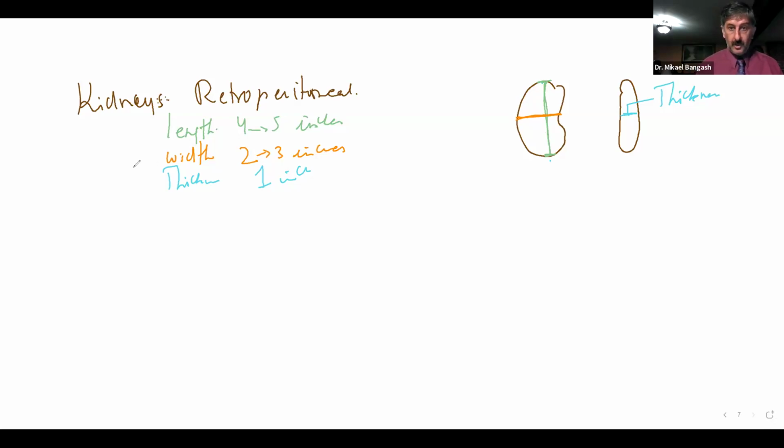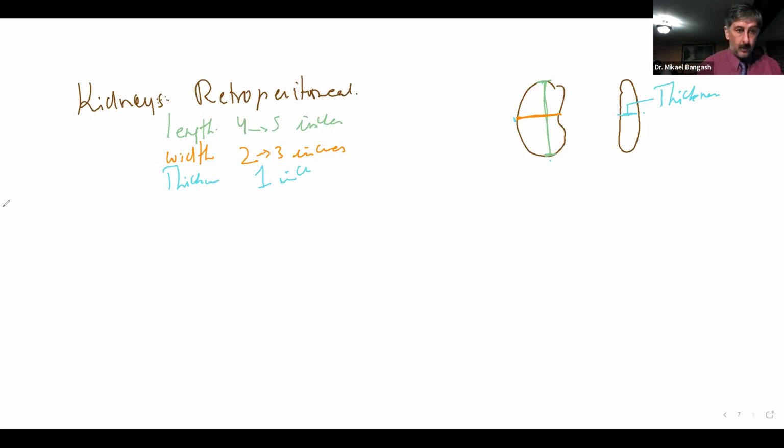The width, which is from one side of the kidney to the other side, is normally 3 inches, and its thickness, which is from front to back, is 1 inch. Did you guys get that?